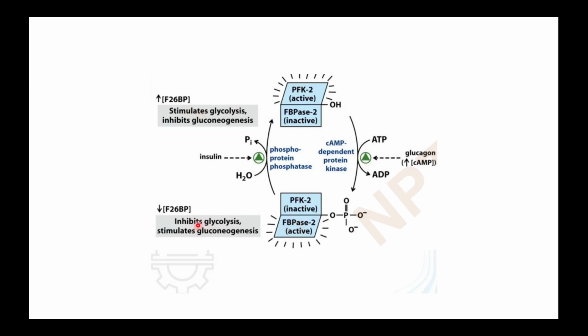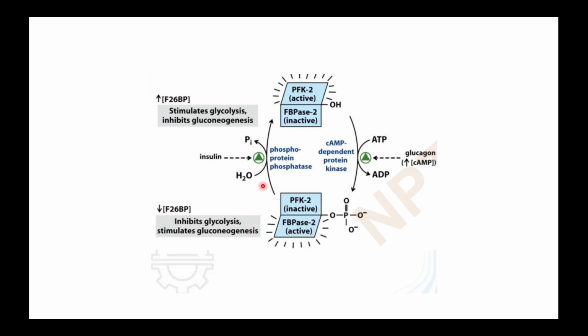And once this happens, then gluconeogenesis will keep on occurring and glucose levels will increase, and after a point insulin secretion will start. Insulin secretion, what will it do? It will trigger the dephosphorylation of this bifunctional enzyme. Okay, so right now this bifunctional enzyme is phosphorylated.